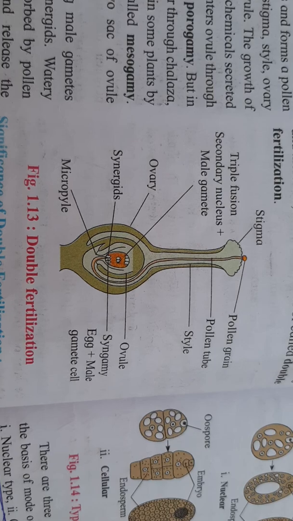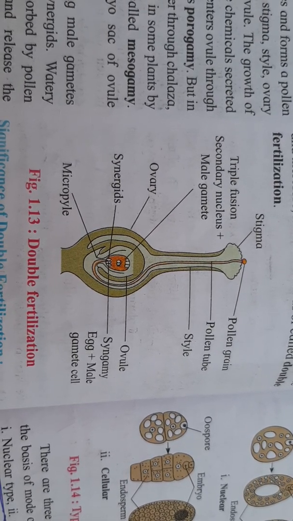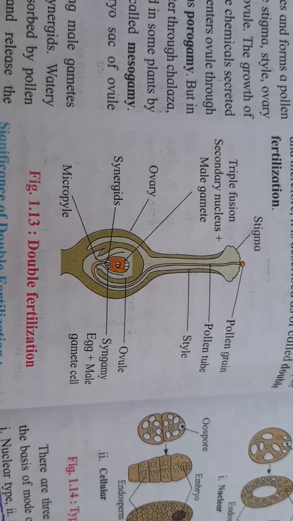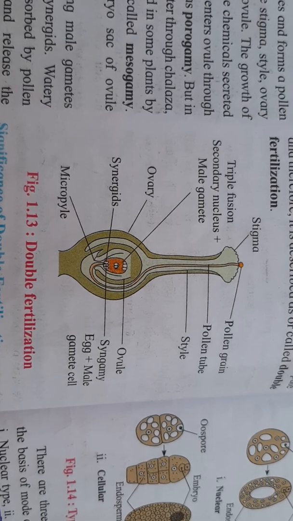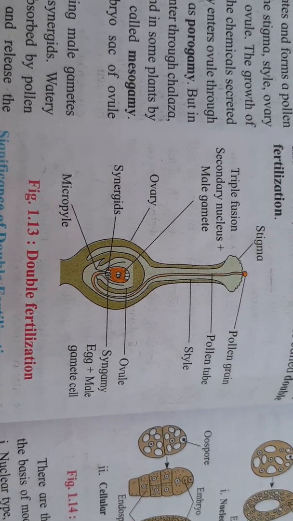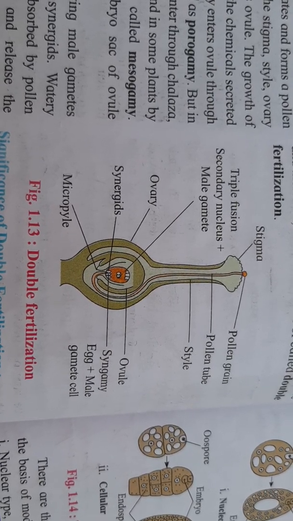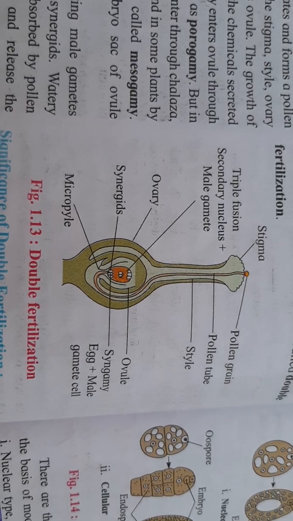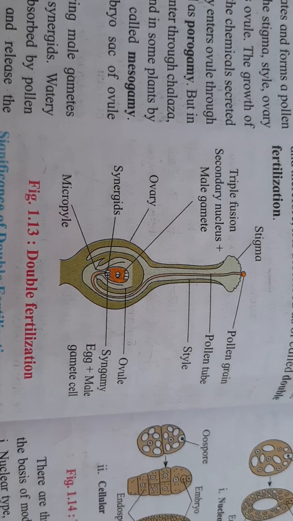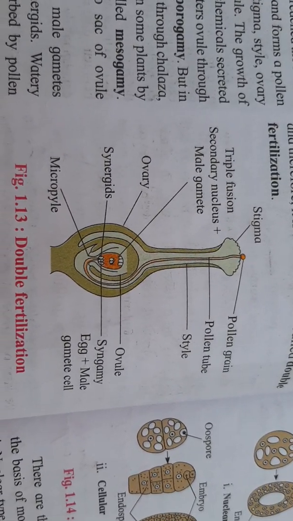The pollen grain releases the pollen tube up to the micropylar end of the anatropous ovule. The pollen grain contains male gametes, which are called generative cells. These single generative cells multiply into two, and they come one by one up to the end of the anatropous ovule, which is called the micropylar end.